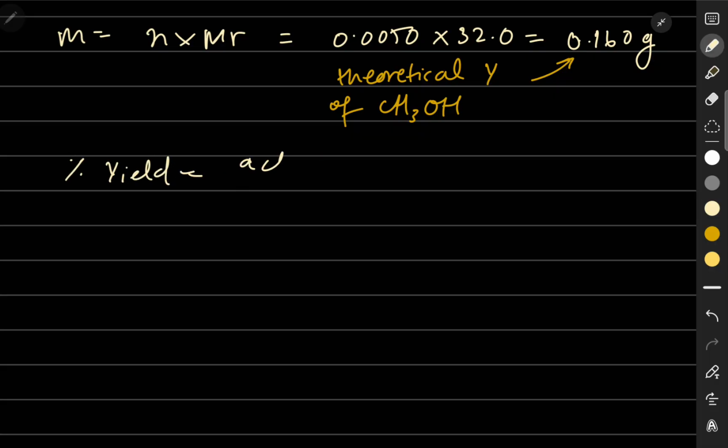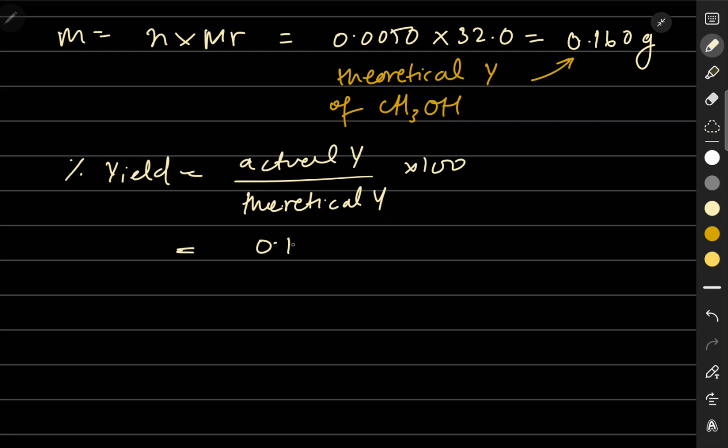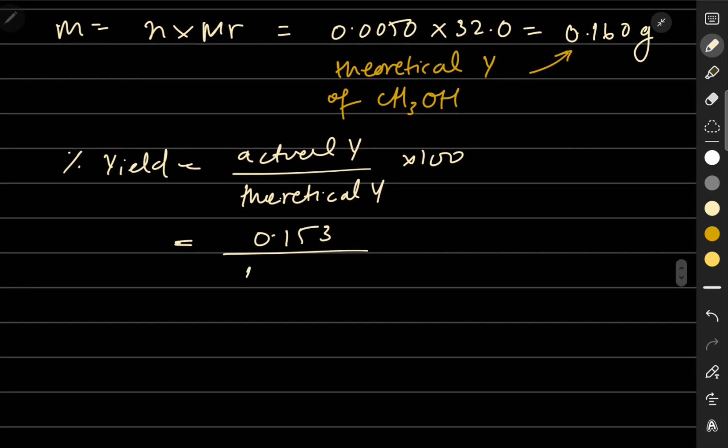So the actual yield over theoretical yield times 100. I plug in my values, 0.153 divided by 0.160 times this by 100, and it's going to give you a percentage yield of 95.5%. And that's it.